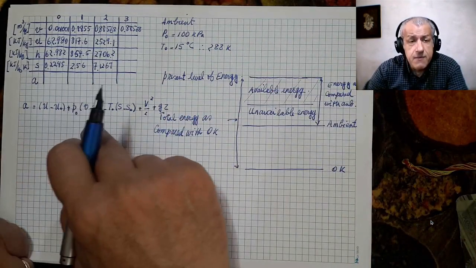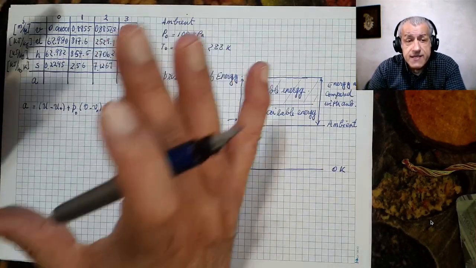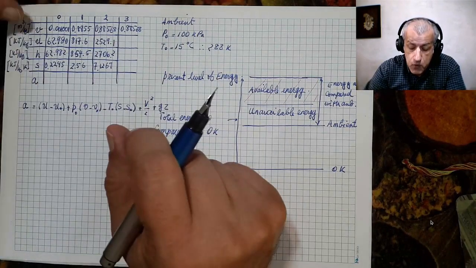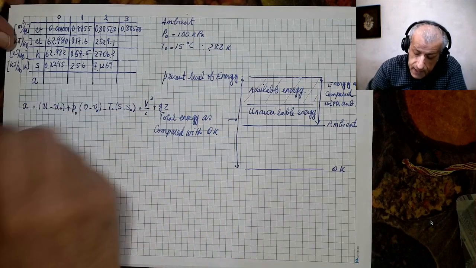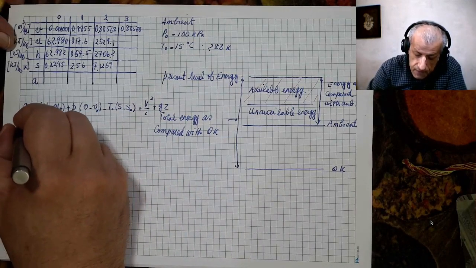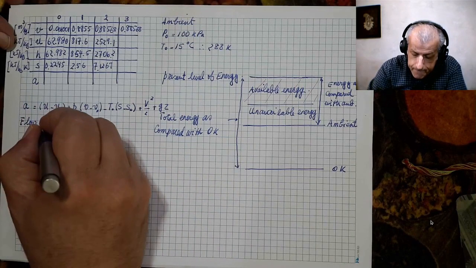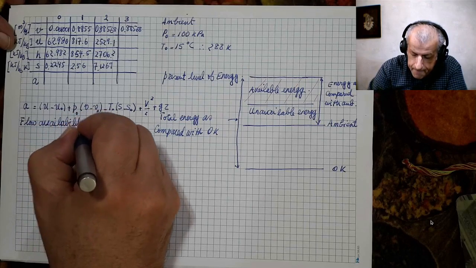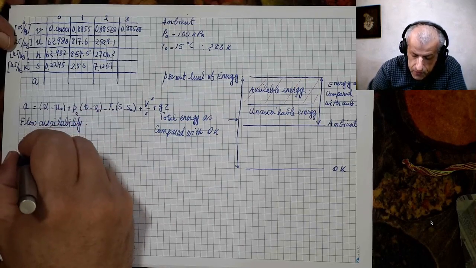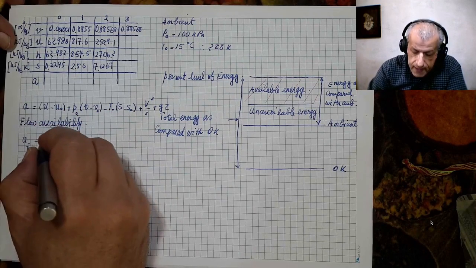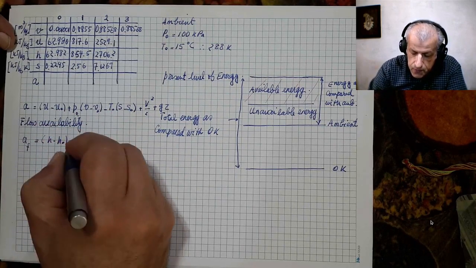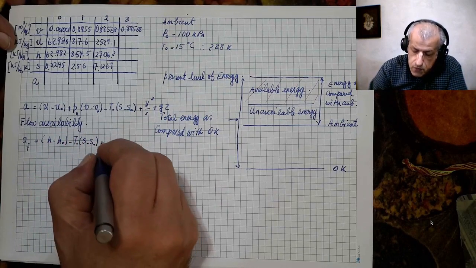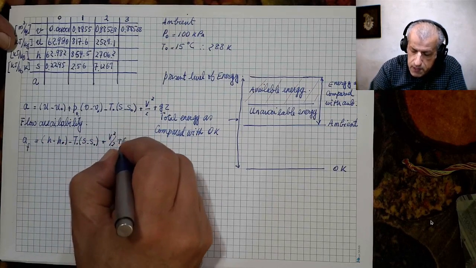Now, this is availability for whatever there is inside your boundary. There is another availability which is flow availability, which we denote by AF, and that is H minus H0 minus T0 times S minus S0, and also plus V squared over 2 plus GZ.